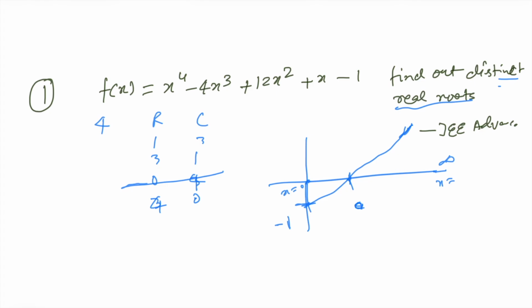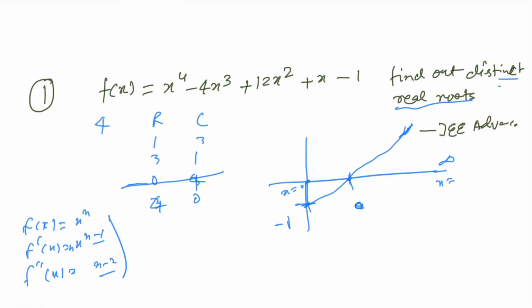And then we know that if f(x) is of some degree n, f prime x would be of degree n minus 1, and f double prime would again go to n minus 2 order.